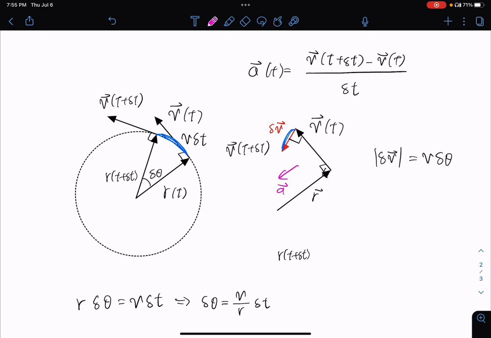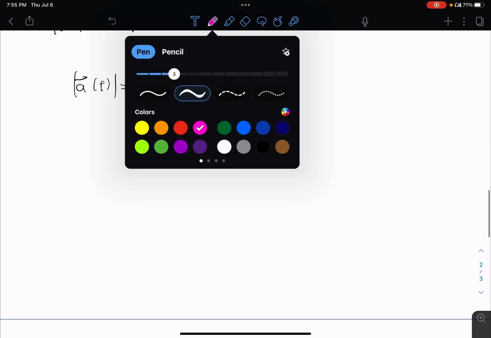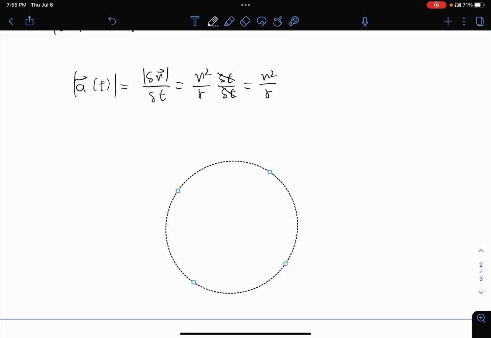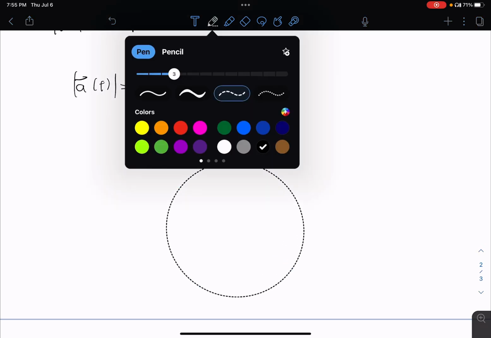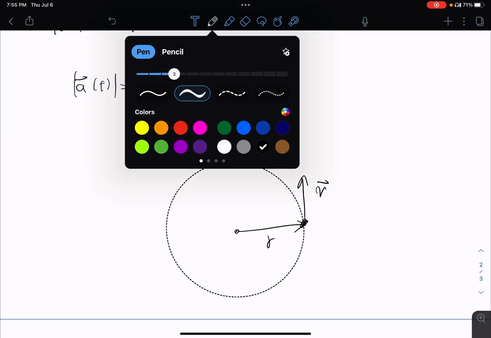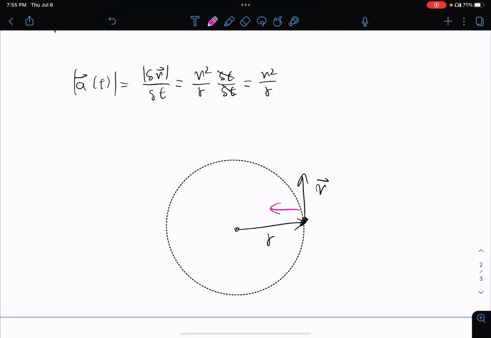So when a particle is moving in a circle like this, and right now it is here, the position and velocity will be perpendicular, and the acceleration will be perpendicular to velocity, which points toward the center of the circle.